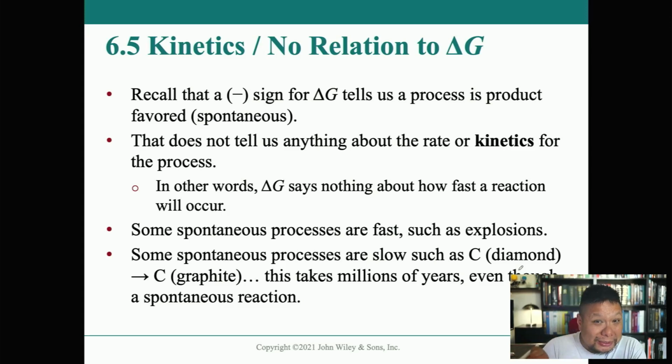But there are also some spontaneous reactions that are super slow, like the process of changing a diamond into graphite. It turns out that all diamonds, even the one on your engagement ring, are at this point, right now, as we speak, slowly turning into graphite. It'll take millions of years, but it's definitely going that direction.